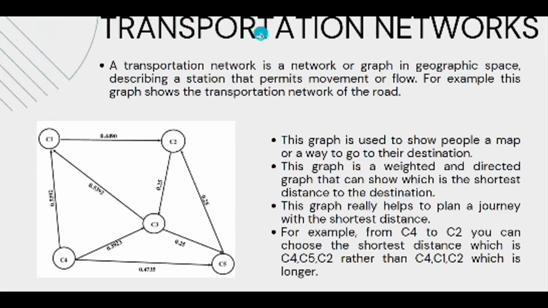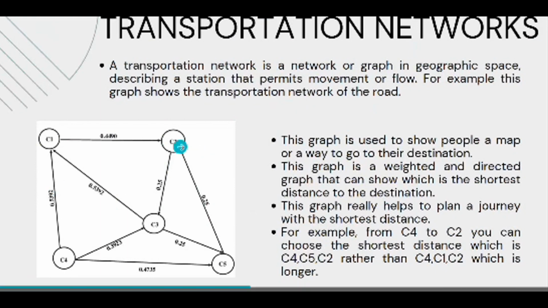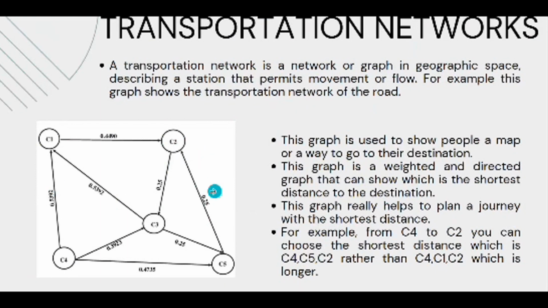Next, the transportation networks. A transportation network is a network or graph in geographic space describing a structure that permits movement of flow. For example, this graph shows the transportation network of the road. So this graph is used to show people a map or a way to go to their destination. This graph is a weighted and directed graph that can show the shortest distance to the destination.